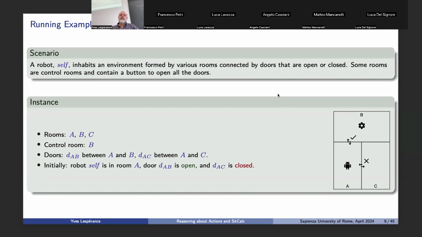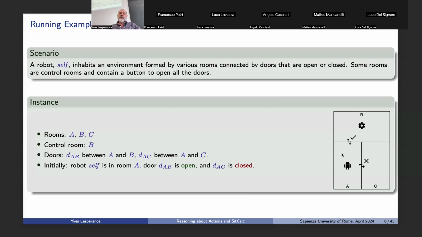Some rooms are control rooms, and they contain a button that allows the agent in that room to open all the doors. One example is a layout with 3 rooms, A, B, and C. The only control room is room B, and it contains the control button to open all the doors.